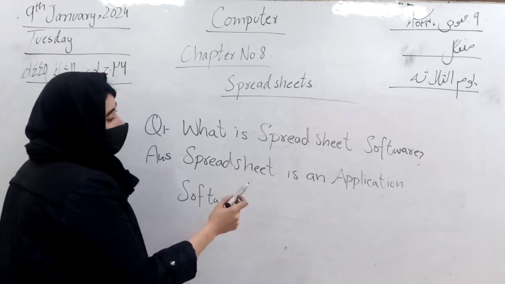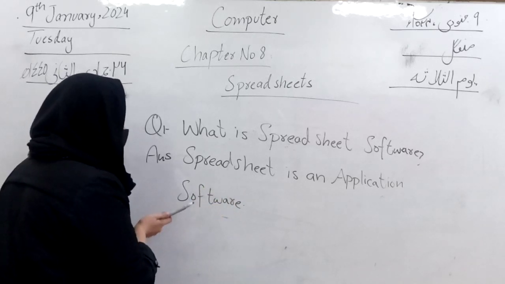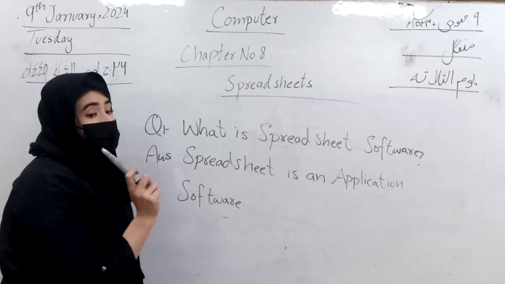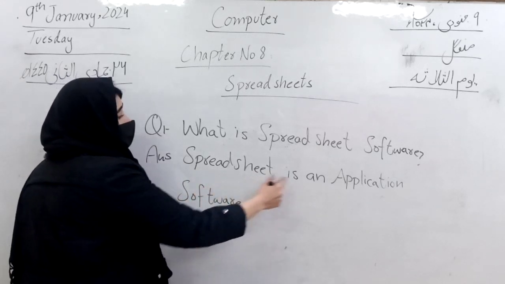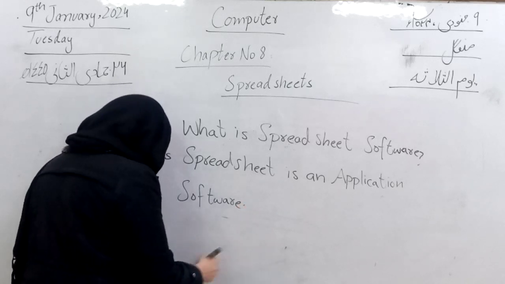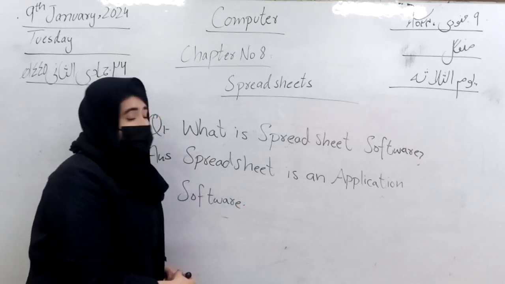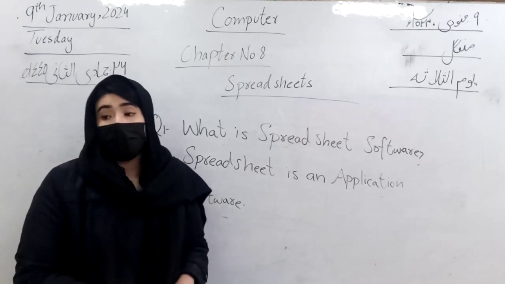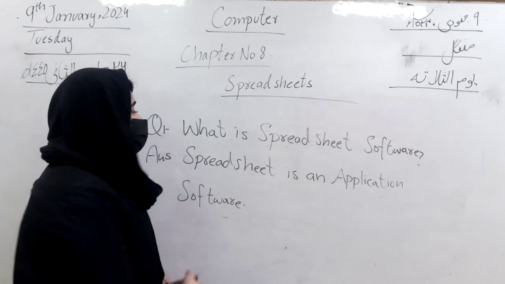You have to write the capital A of Application and capital S for Software, because these are terms. So spreadsheet is an application software. Now who can further tell me what we write to complete our answer? Yes, very good.